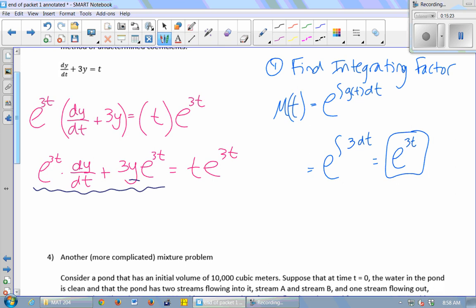So my next step is that this is actually d dt of y times e to the 3t equals t e to the 3t. And then you integrate both sides.